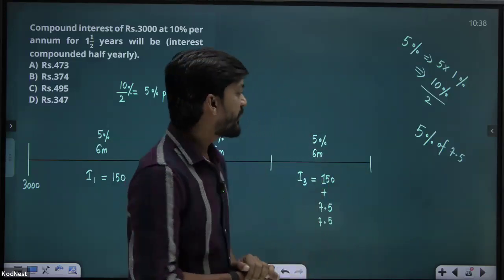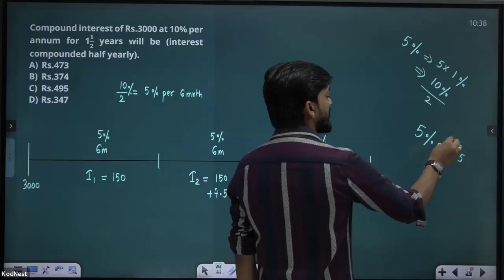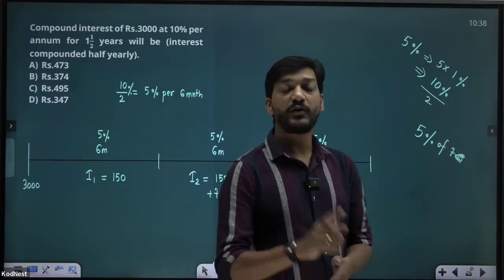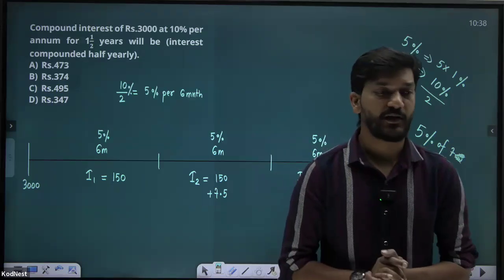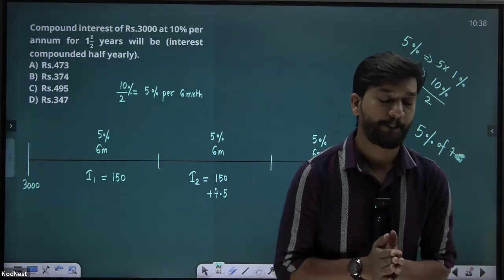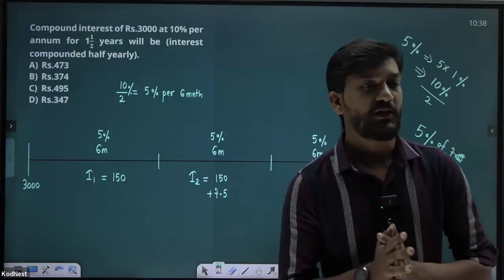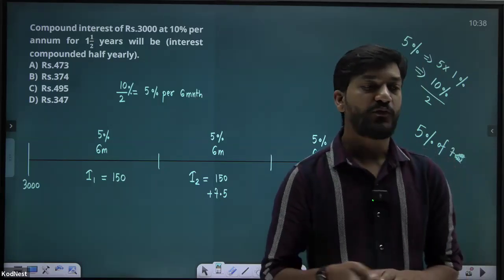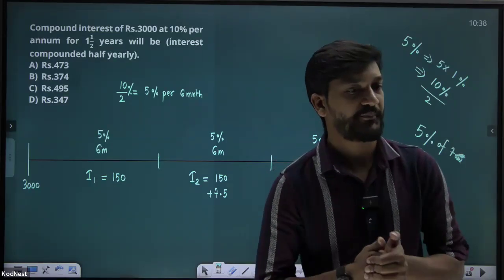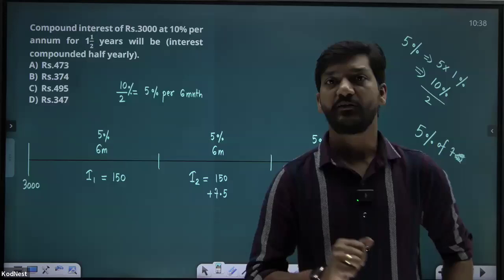Just answer something. Don't take 7.5. Just answer 7. 5% of 7, or 10% of 7. How much? 10% of 7, 0.7. So 5% will be how much? 0.35.